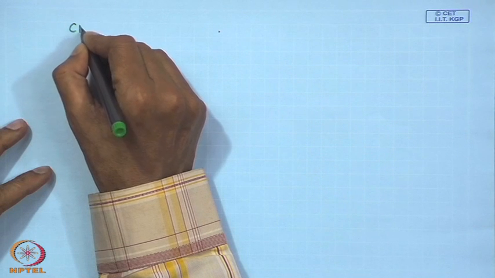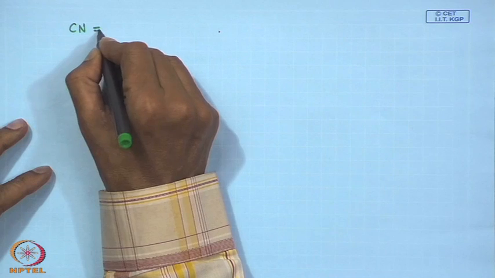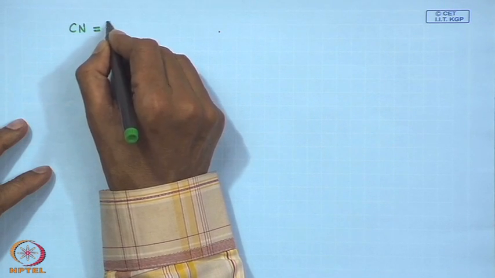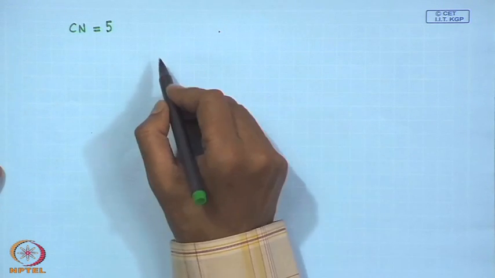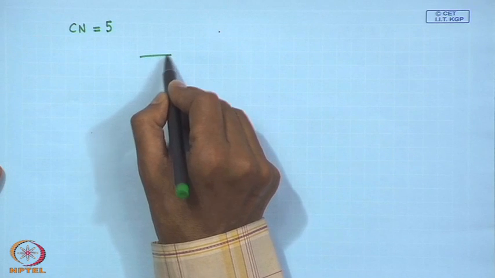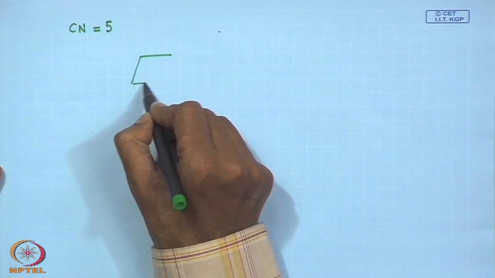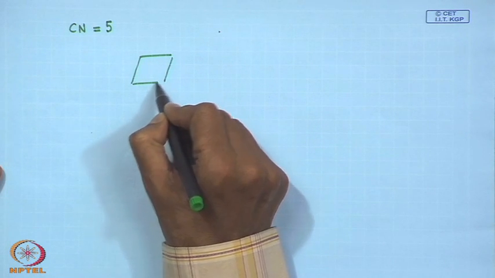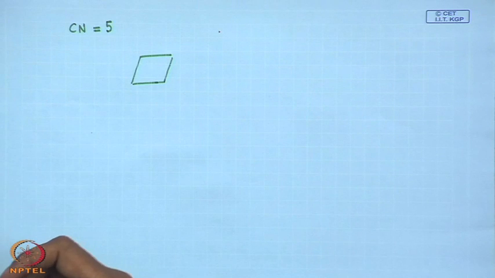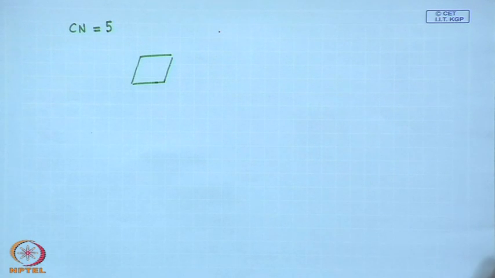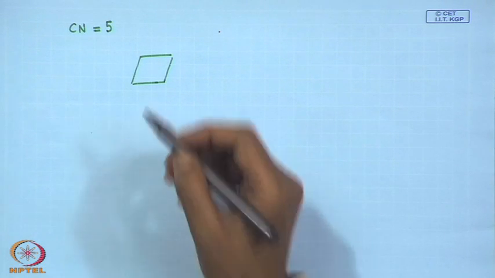If we go from a coordination number of 4 to 5, we will talk about the basic geometry, which is the square planar one.